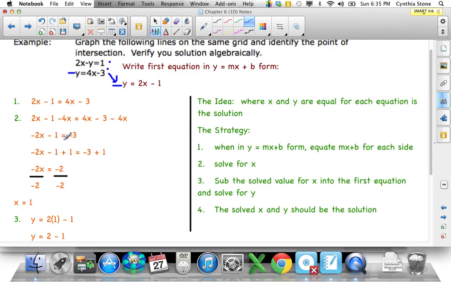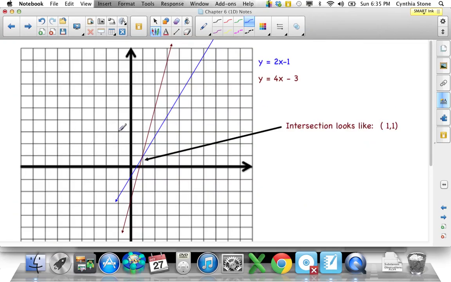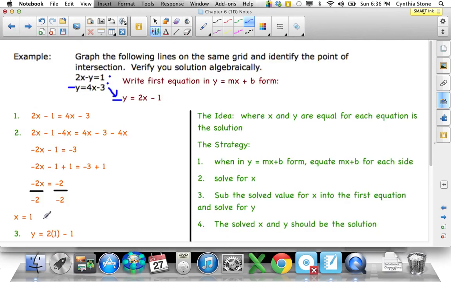Now I add 1 to both sides so I can get rid of this. I end up with minus 2x equals minus 3 plus 1, which is minus 2. Divide both sides by minus 2, and I end up with x equals 1. So that's the x coordinate of my solution, which, by the way, looks about right. I expected it to be 1. That's the x coordinate of my solution based on the graph, and that's what I got here.